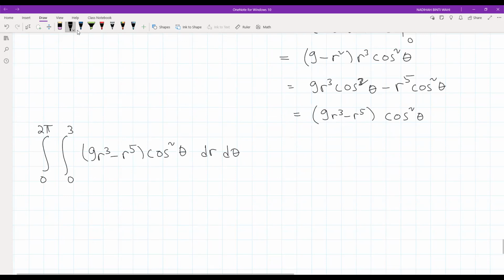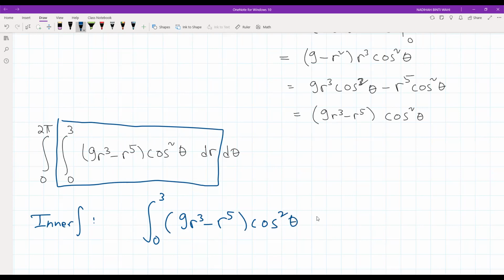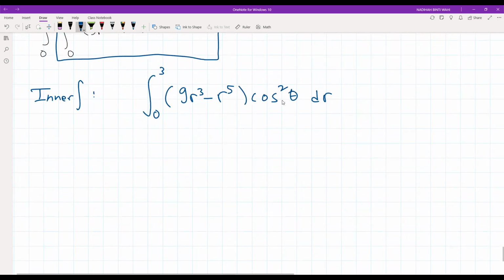So the same thing, we take the inner integral, from 0 to 3, 9r cubed minus r to the power of 5 cosine squared dr. You can see that cosine squared has nothing to do with the radius, so you can take it outside. So this is cosine squared theta times the integral from 0 to 3 of 9r cubed minus r to the power of 5 dr.